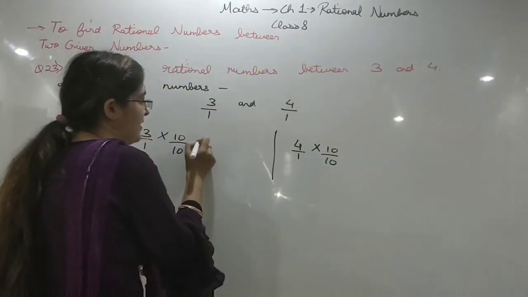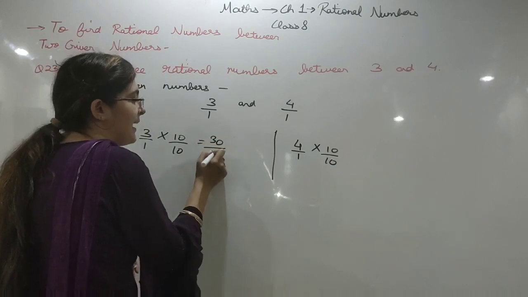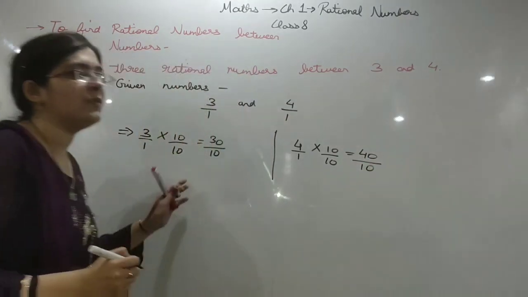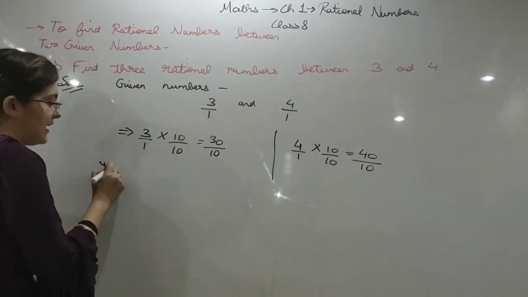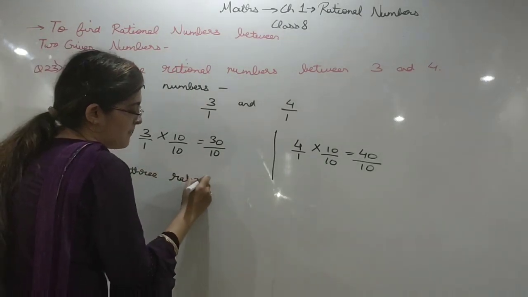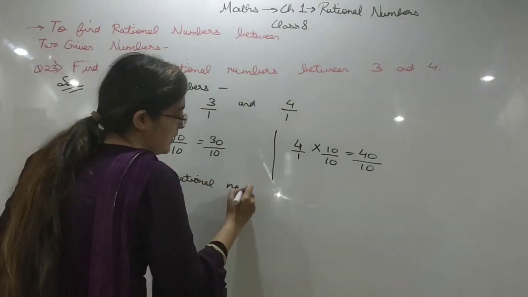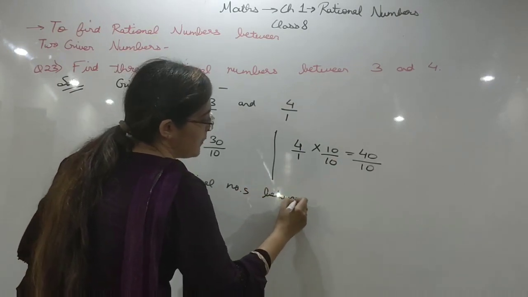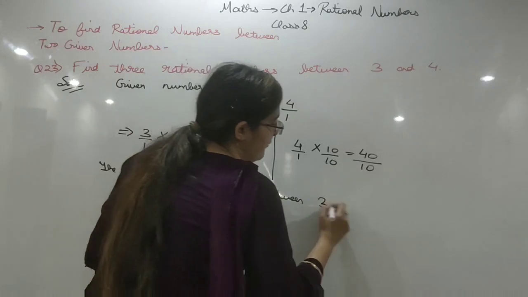What will we get? Here we will get 30 by 10 and here we will get 40 by 10. Now we have to find the three rational numbers between 3 and 4.